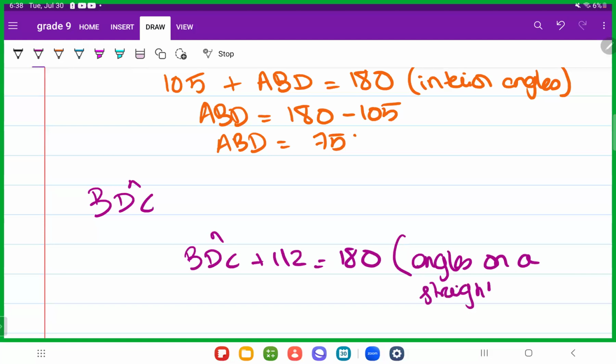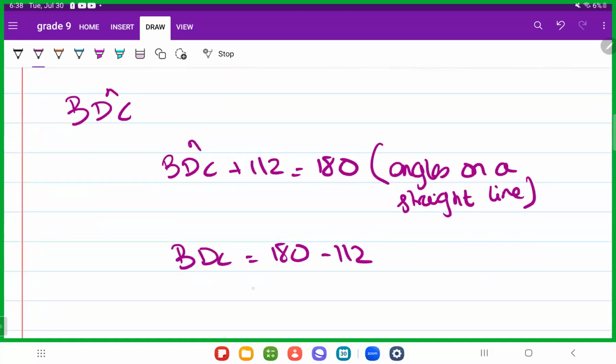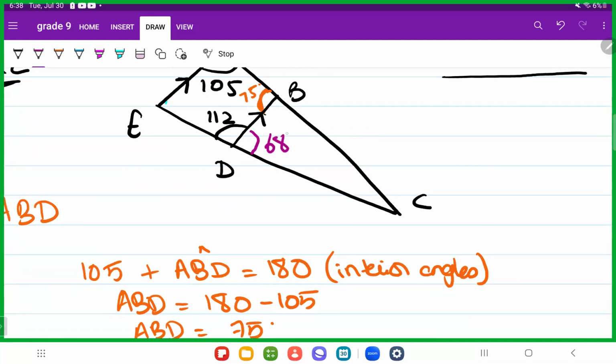Then BDC is equal to 180 minus 112, which is 68. So you have found out BDC now, which is 68.